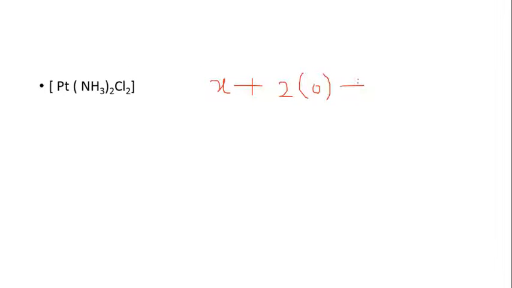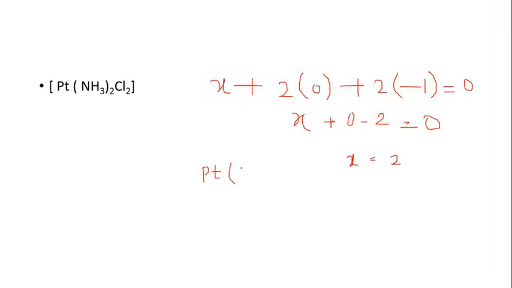Then plus 2 into the charge on each chloride, which is -1, equal to 0. So X plus 0 minus 2 is equal to 0. If this -2 goes to the other side, it will be +2. So X is equal to +2. So your platinum oxidation state is 2.